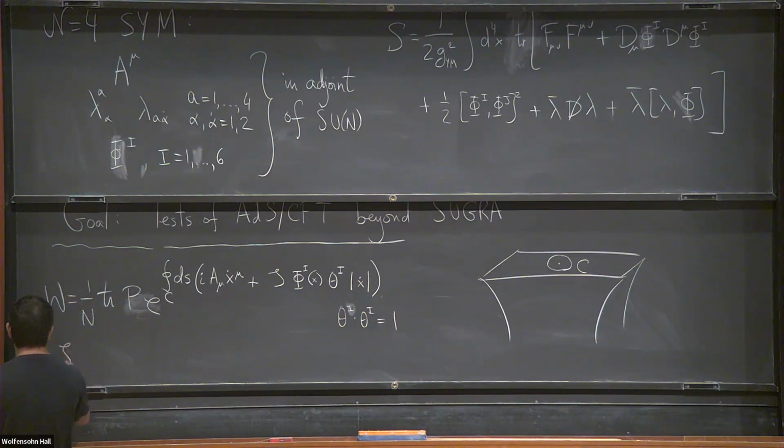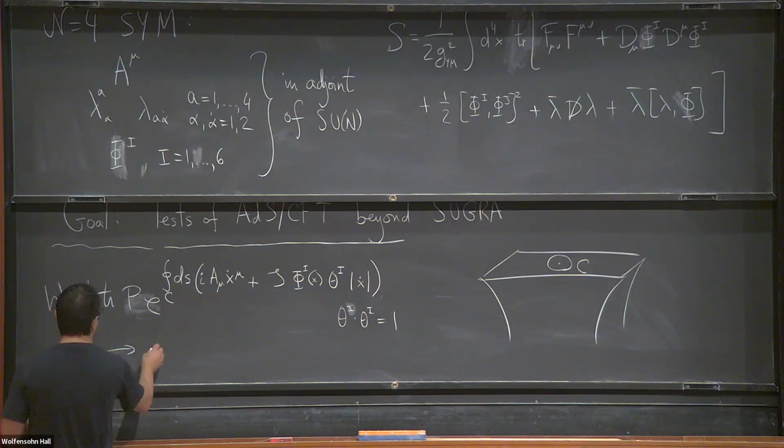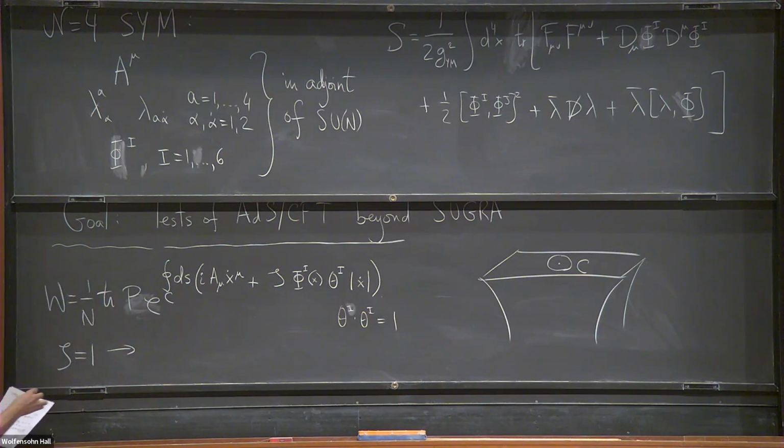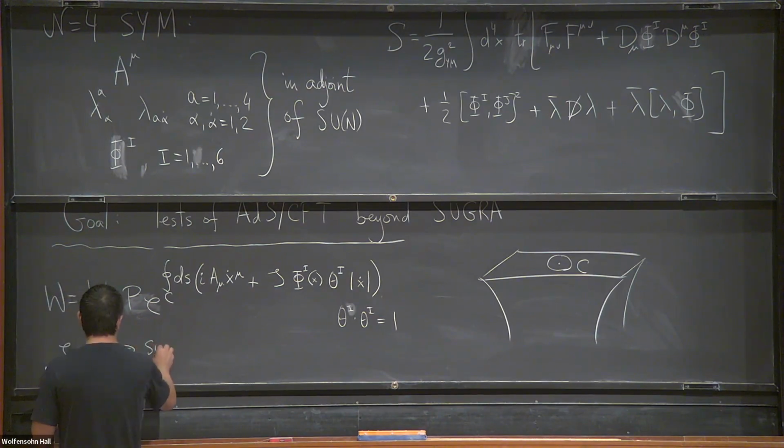And the reason why having such a term is useful is that at this special value of zeta, namely zeta equals 1, this Wilson loop, for special choices of contour, would be supersymmetric, in particular for the circle.